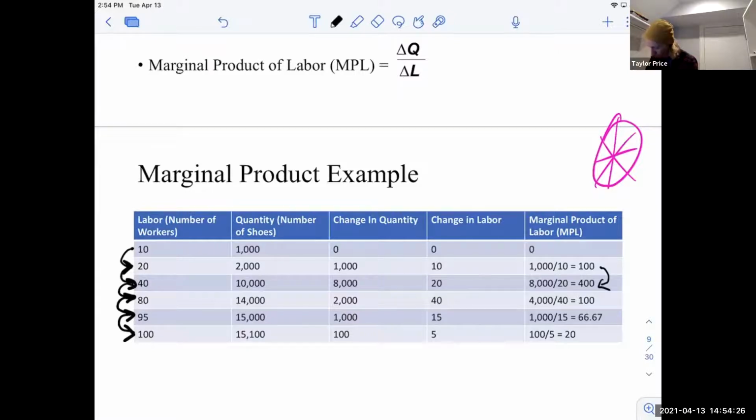Moving from 40 workers to 80, we're back down to 100 for the marginal product of labor. Then moving from 80 to 95, we're at 66.6. So basically, we can have increasing, constant, or decreasing marginal product of labor. It just depends on the unique factors of that specific business or that specific labor production process.